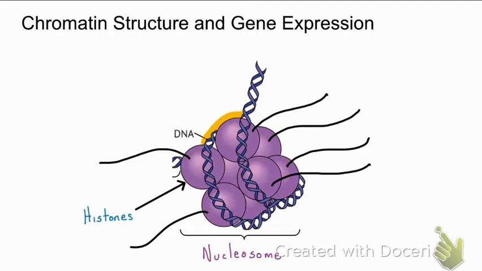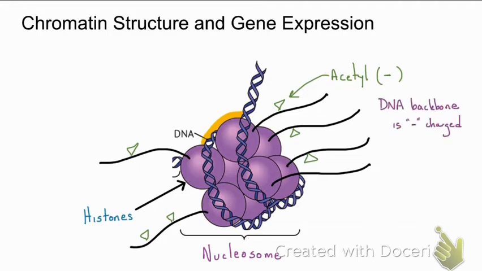Now, these tails on the histones can be modified. For example, what we're showing here are additions of what we call acetyl groups. Acetyl groups are negatively charged, and you may remember that the sugar phosphate backbone of DNA is also negatively charged because of those phosphates that we find there.